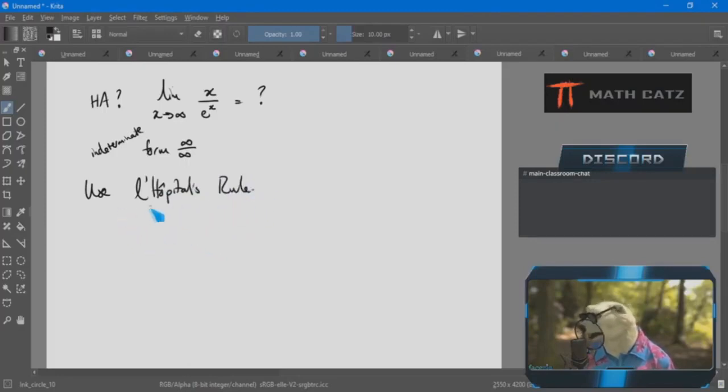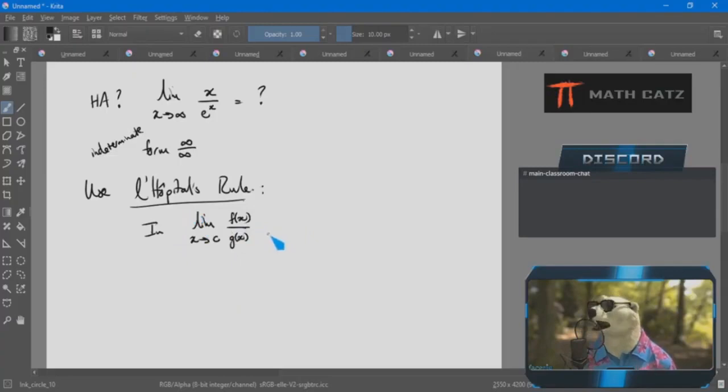Now, I'll just write out what it says in general. In a limit, it doesn't matter what x goes to. It could be finite or infinite. I don't actually care. When I have a function, let's call it f of x over g of x, not a rational function necessarily, but it could be.